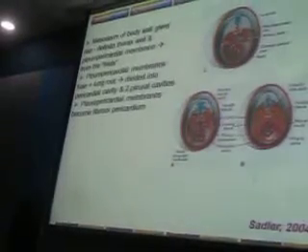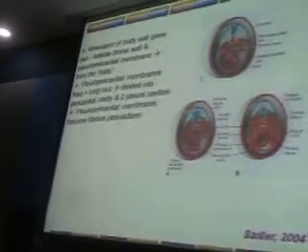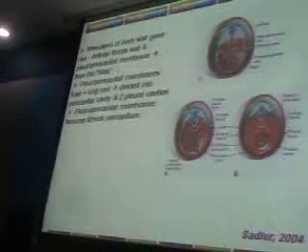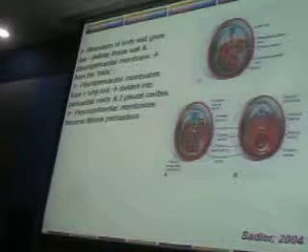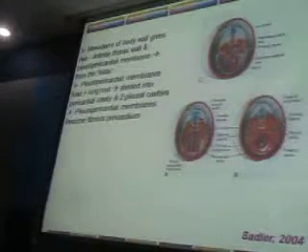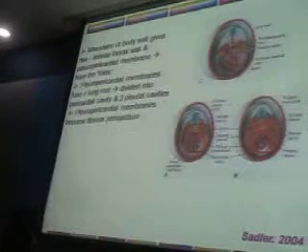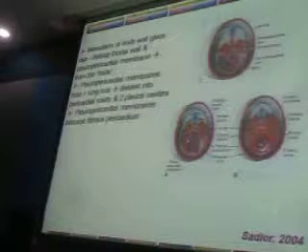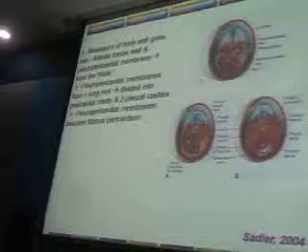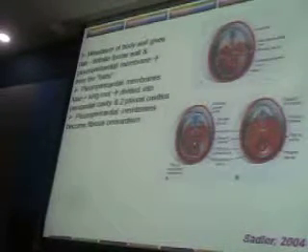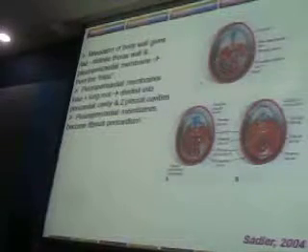So what happens? Okay, from here, the mesoderm will give rise to a definite thorax wall, and then it will give rise to your pleuropericardial membrane, which contains your phrenic nerve and your common cardinal vein.